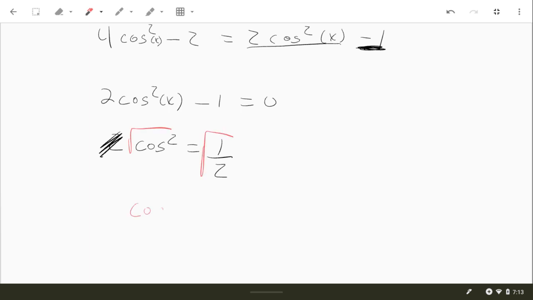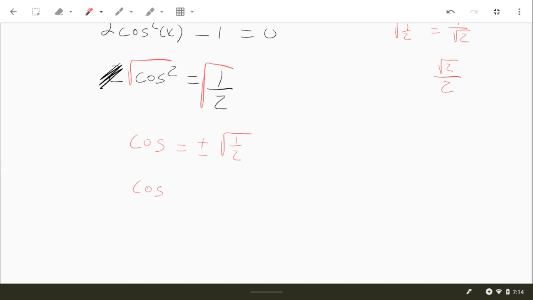plus or minus, so cosine will equal plus or minus the square root of 1/2. The square root of 1/2 is 1 over root 2. And if you rationalize the denominator, this turns into root 2 over 2.